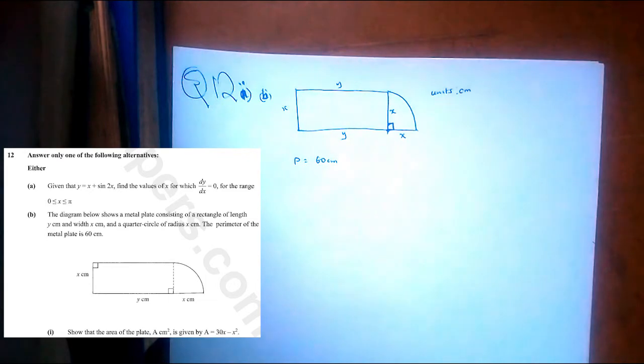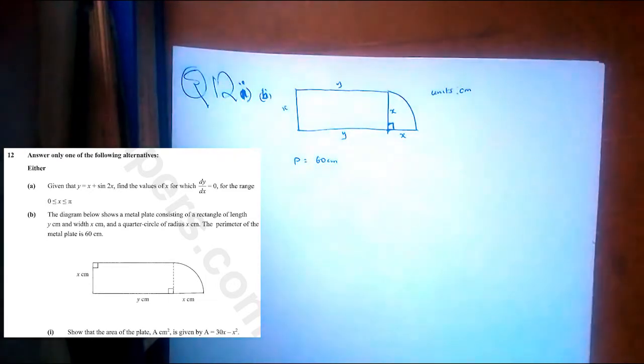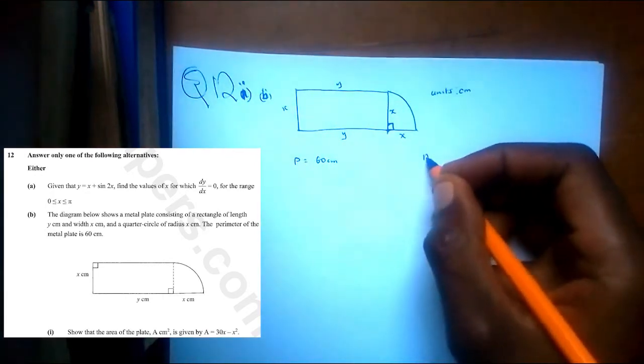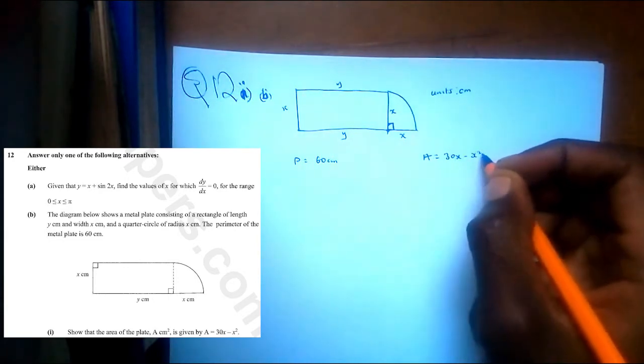The perimeter of the metal plate is 60 centimeters. Show that the area of the plate, A centimeters squared, is given by A is equal to 30x minus x squared.